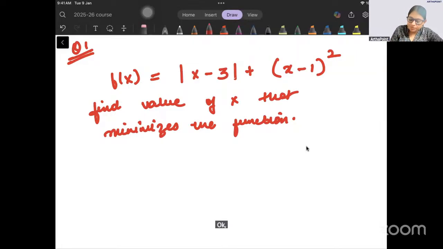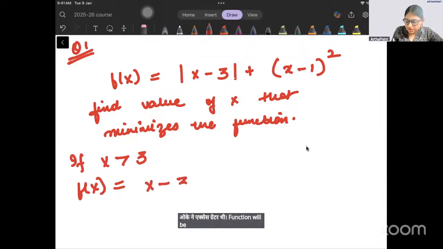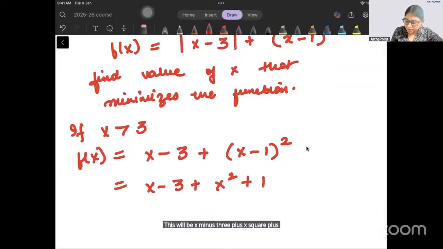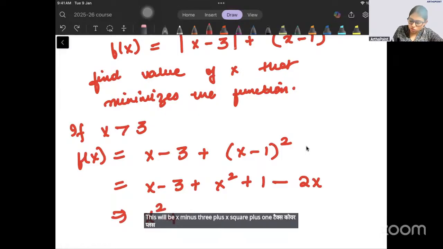Okay, let's try. If x is greater than 3, the function will be x minus 3 plus (x minus 1) whole square. This will be x minus 3 plus x square plus 1 minus 2x, which gives x square minus x minus 2.